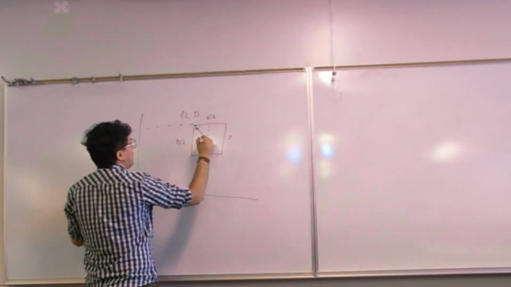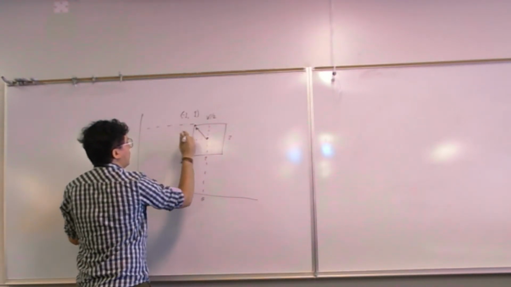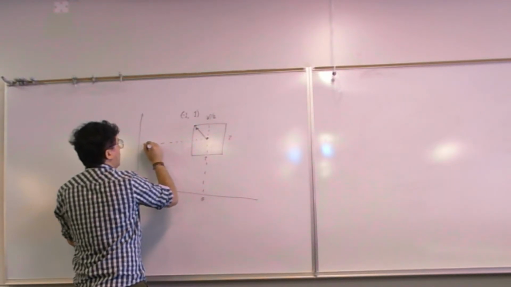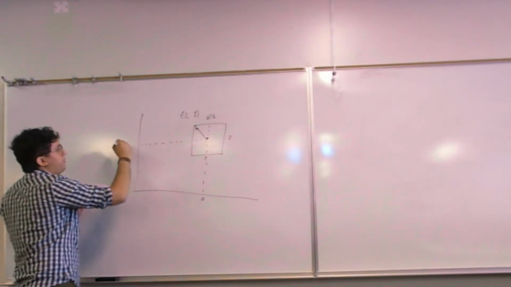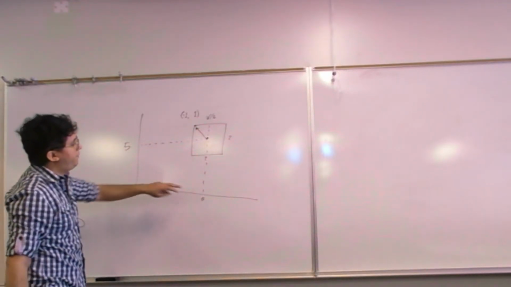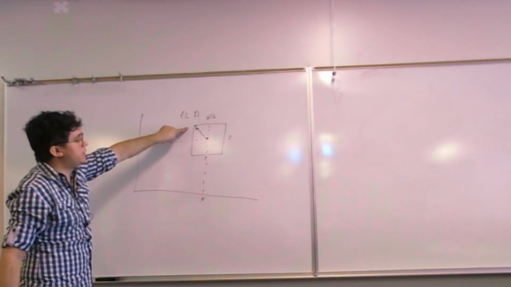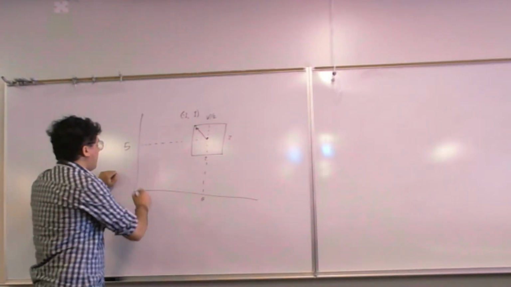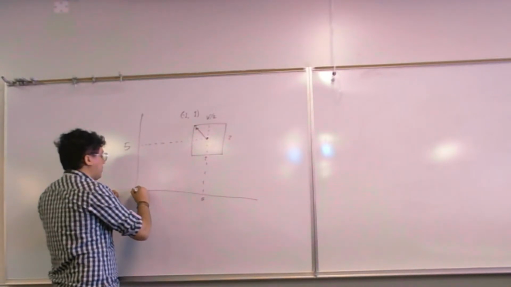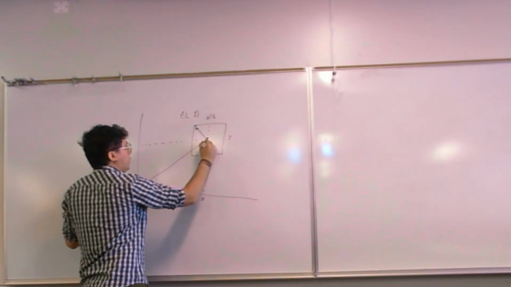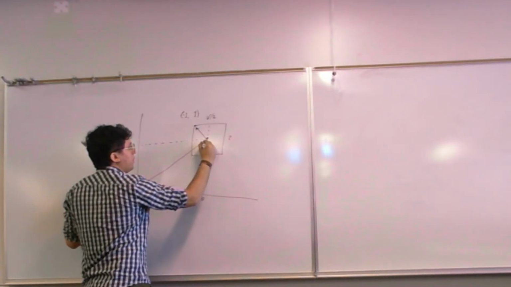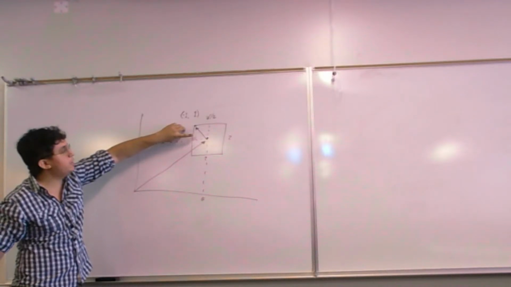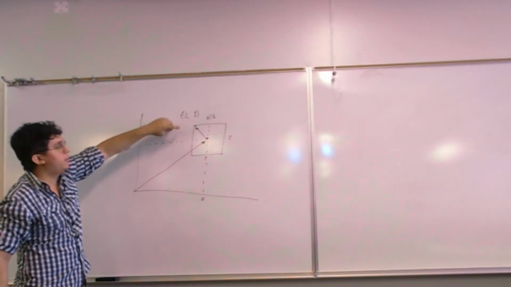So let's say that's 5, so we have 5, 5, and now we have to do this little calculation on top of that. So we have a 5, 5 vector which represents the position of the center of the rectangle, right?